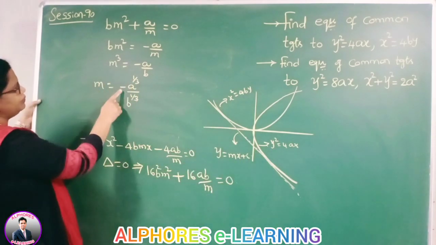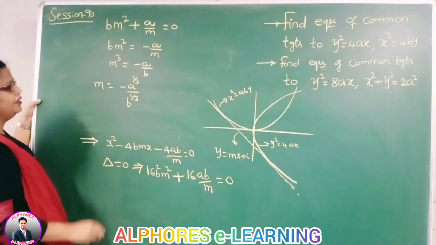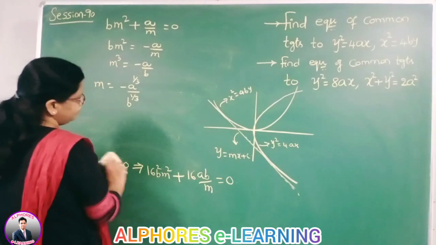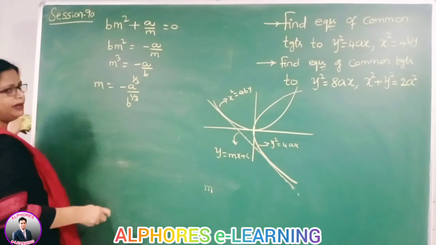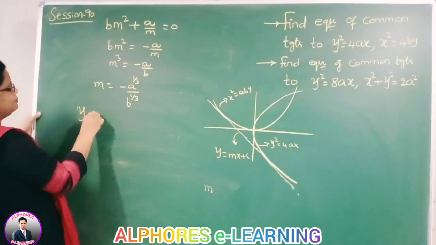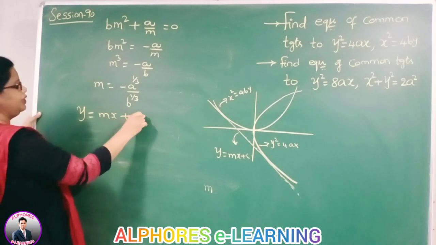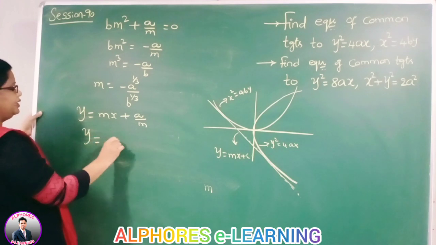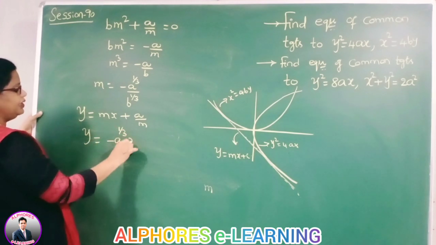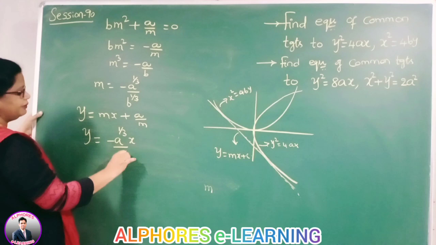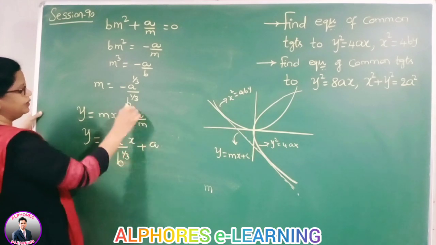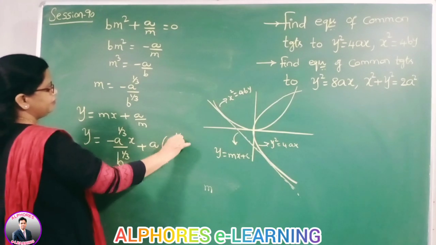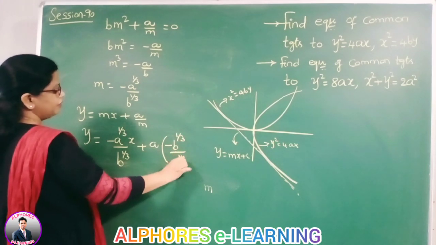Once we have the m value, we substitute in our formula. What is our formula? y equal to mx plus a by m. Substituting this value, y equals minus a power 1 by 3 into x divided by b power 1 by 3, plus a into 1 divided by m, so minus b power 1 by 3 divided by a power 1 by 3.